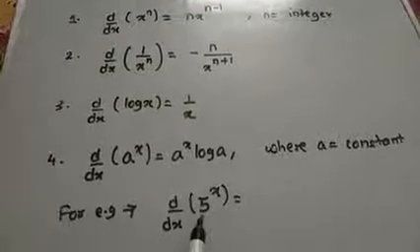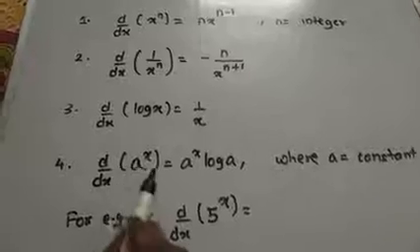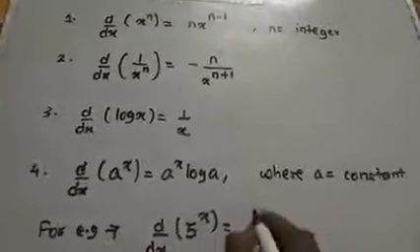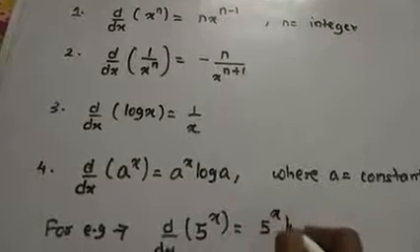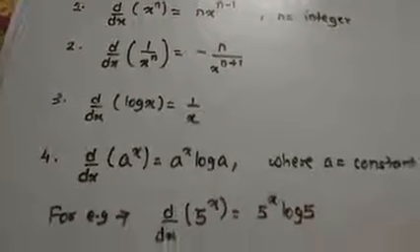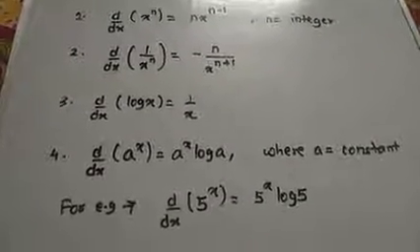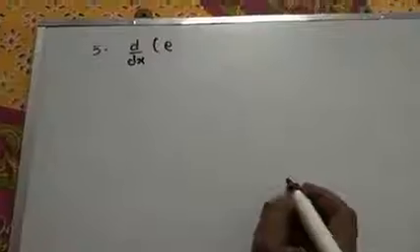So compare this 5 to the power x with a to the power x. So what is the a here? 5. Just using the formula, 5 to the power x log of 5. Clear?